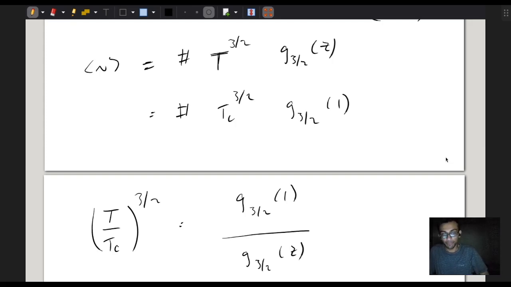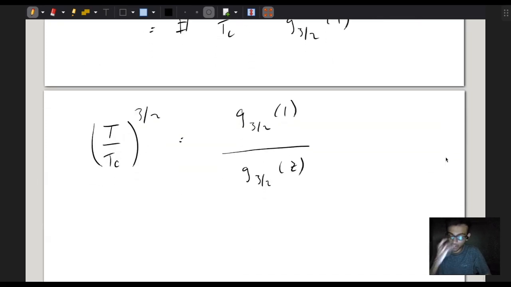So now we can expand this near z equal to 1.